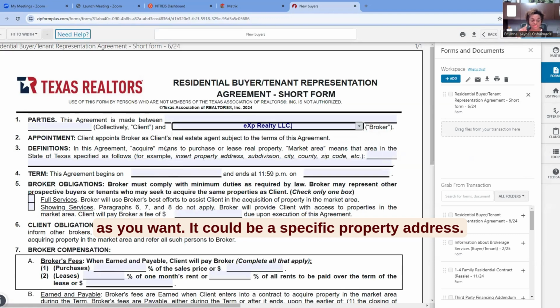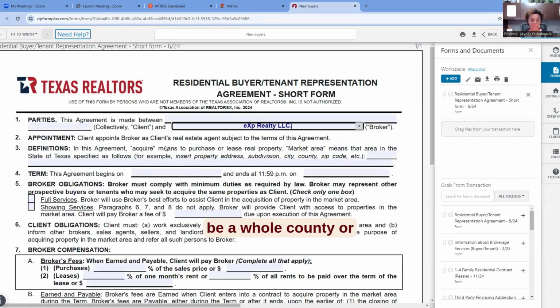It could be a specific property address. It could be a whole county or several counties, whatever you are able to cover in your services. The term covers the period in which when you start and when the agreement is going to be over.